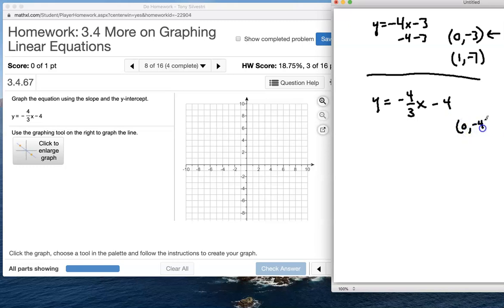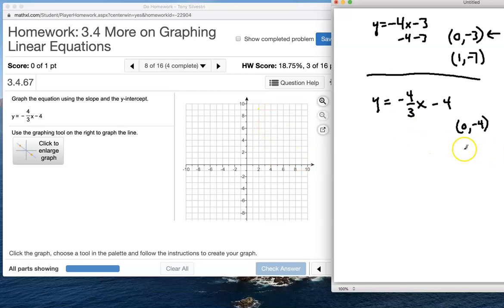It crosses the y-axis at -4. Now what we need to do is plug in a value of x that we can really plug into our graph here. You can only do whole numbers. If I said x is 1, I'd have -4/3, and I can't graph thirds anywhere here.